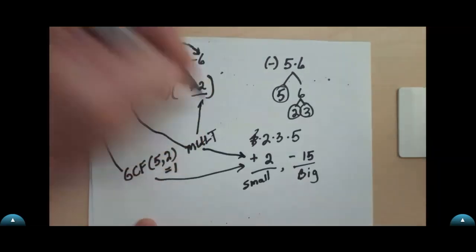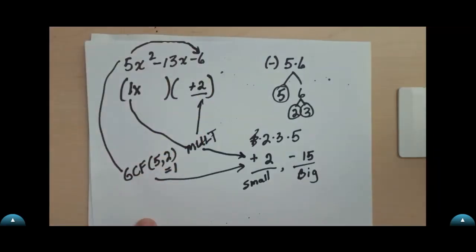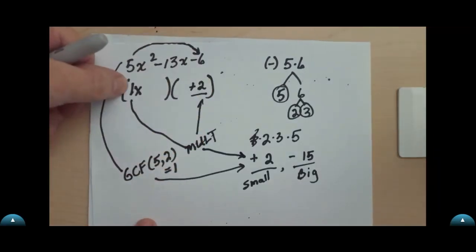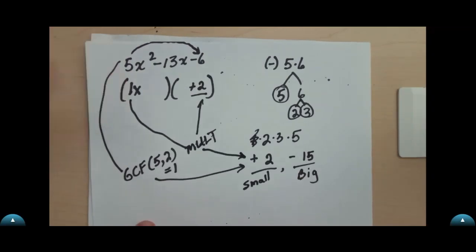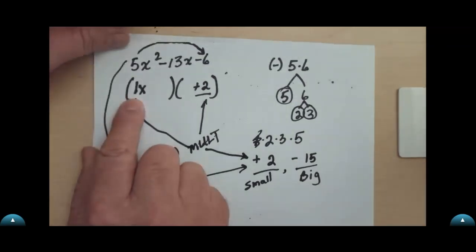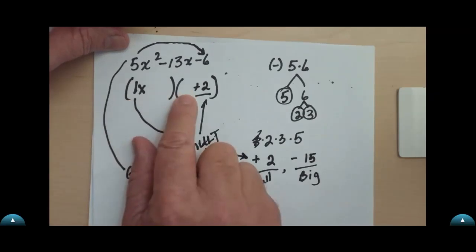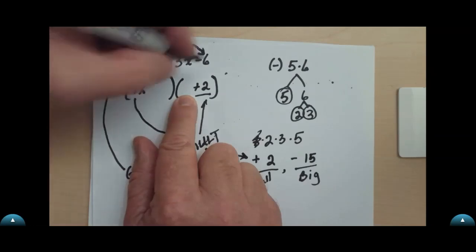Well, that's 2. Y'all see? So like I say, when you get this 1 situation, it's so easy, it's almost hard because you're not expecting that. Y'all see what I'm saying? Okay, at any rate, if this is 1x, what has to go here? Y'all see? 5x?